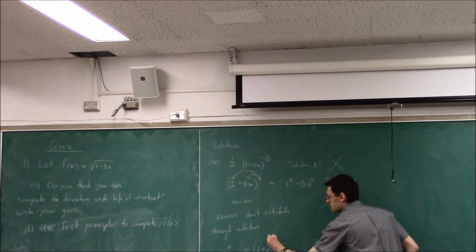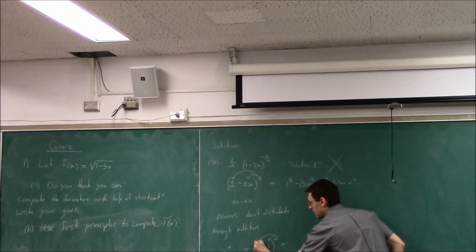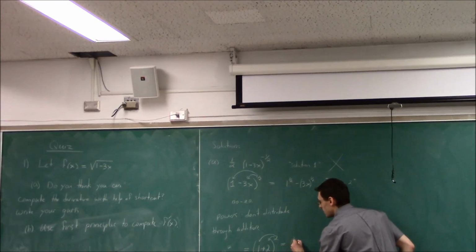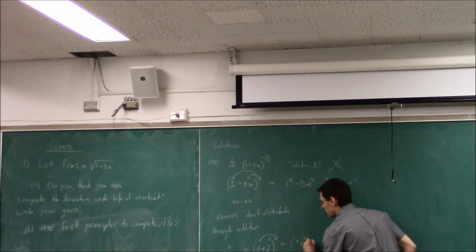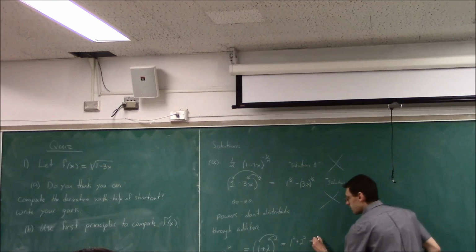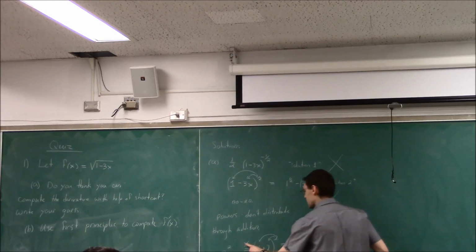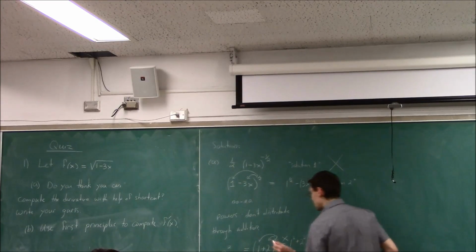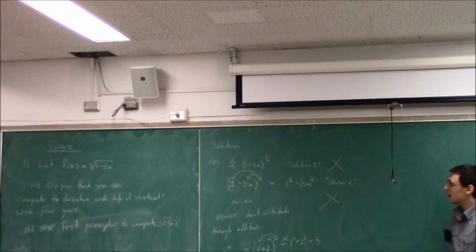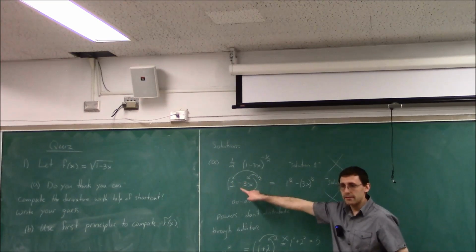But if you do this process, what do you get? You get 1 squared plus 2 squared, which is 5. And you can see that this is not equal. The same will work for 1/2.